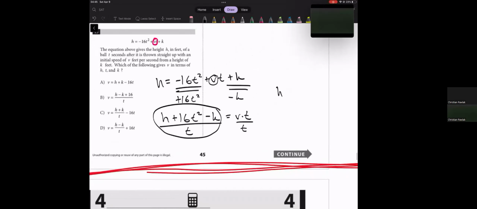What does that mean? h over t plus 16t squared over t minus k over t equals v, because the t's cancel here, and you can actually reduce one of the t's. So you're looking for a 16 that's kind of down one t. So I have h over t plus 16t minus k over t.